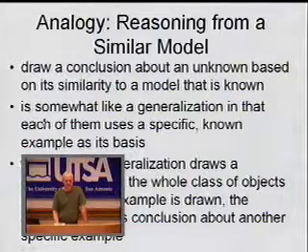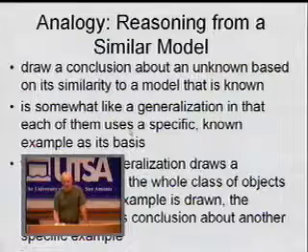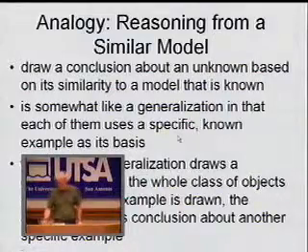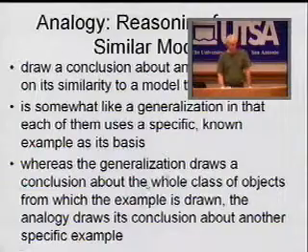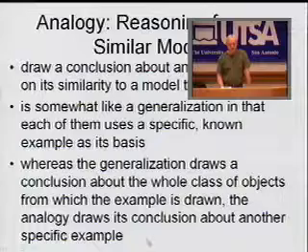It's somewhat like a generalization in that each of them uses a specific known example as its basis, whereas the generalization draws a conclusion about the whole class of objects from which the example is drawn. The analogy draws its conclusion about another specific example.